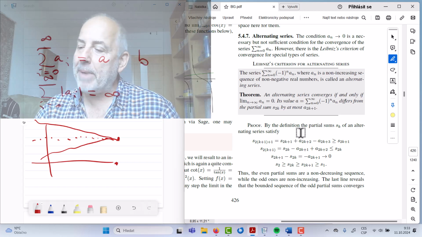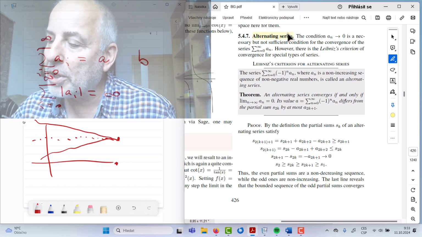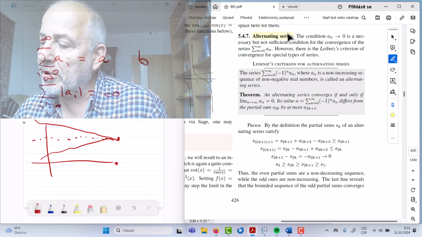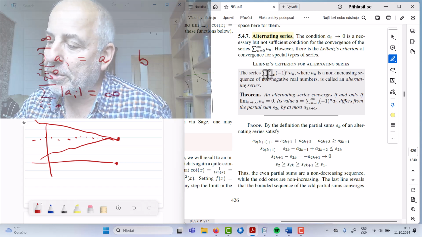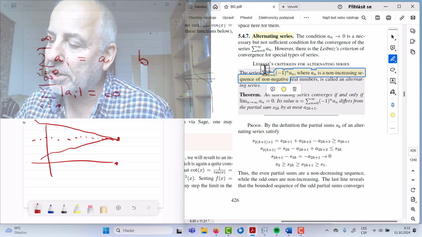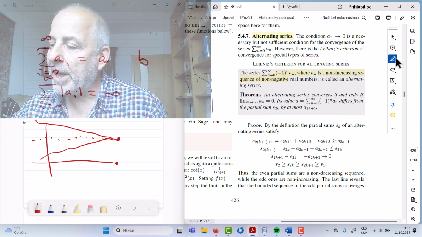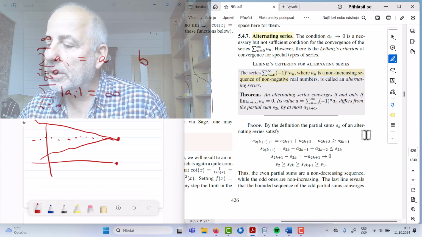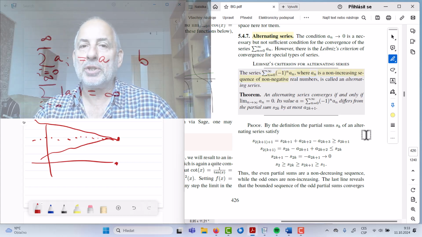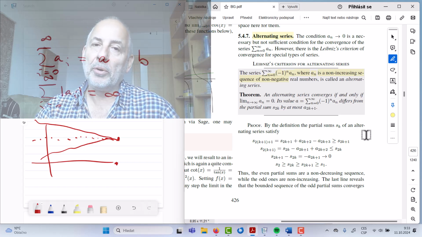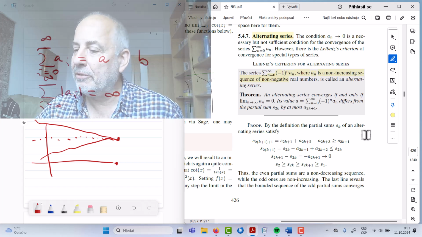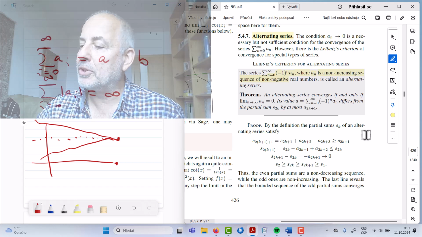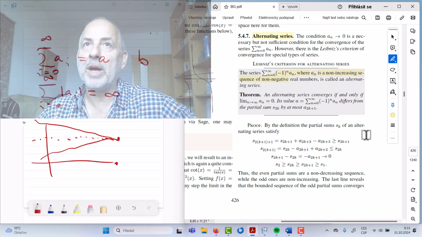Another thing, coming back to those which are not absolutely convergent, we have the concept of the alternating series, right? These are the series where the a_n are non-increasing and non-negative, and I take them with plus and minus signs one by one.